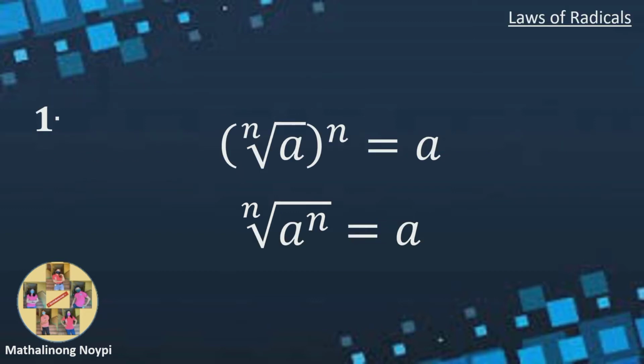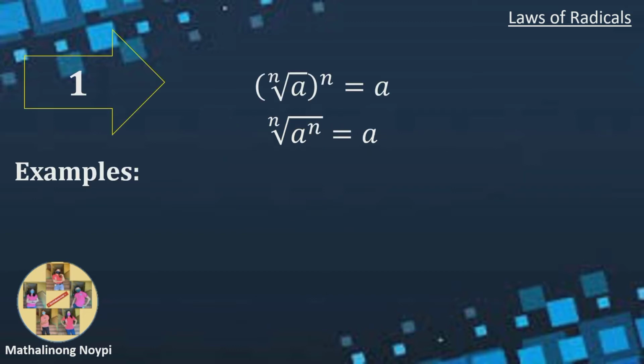Now, let's proceed to the laws of radicals. So, the first law says that the quantity of nth root of a raised to n is equal to a, or simply, the nth root of a raised to n is equal to a. For example, we have the square root of 4 squared.